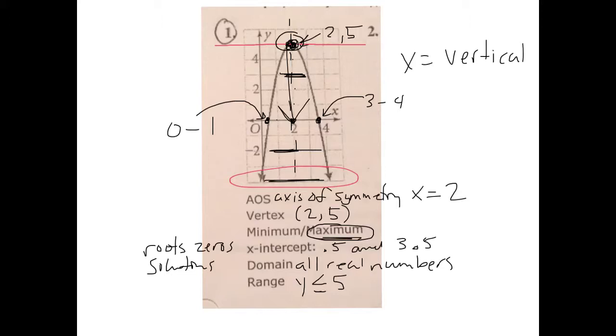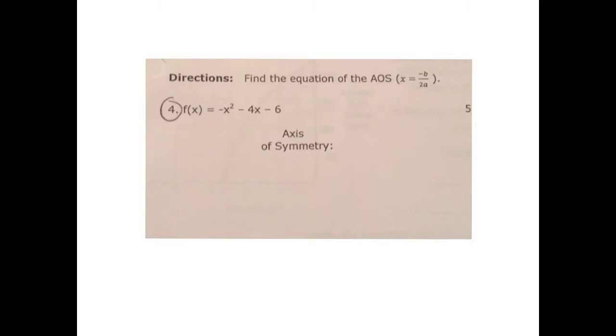All right, next problem. If we have an equation and we're trying to find the axis of symmetry, we taught you a little equation, negative b over 2a. So we have ax squared plus bx plus c. In this case, there's a negative in front of the x squared, so a is negative 1, b is negative 4, and c is negative 6.